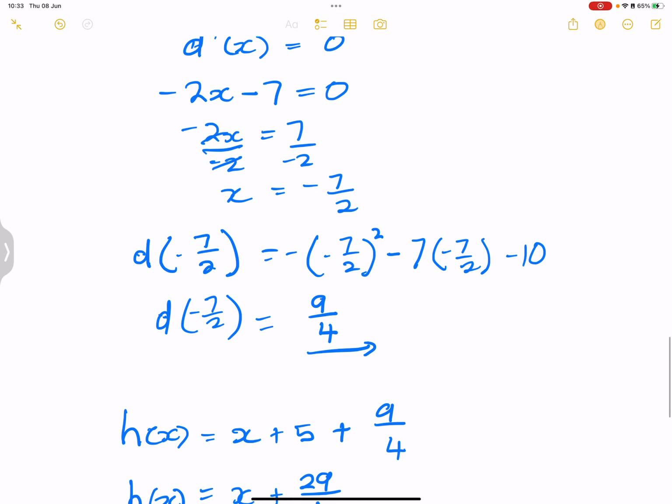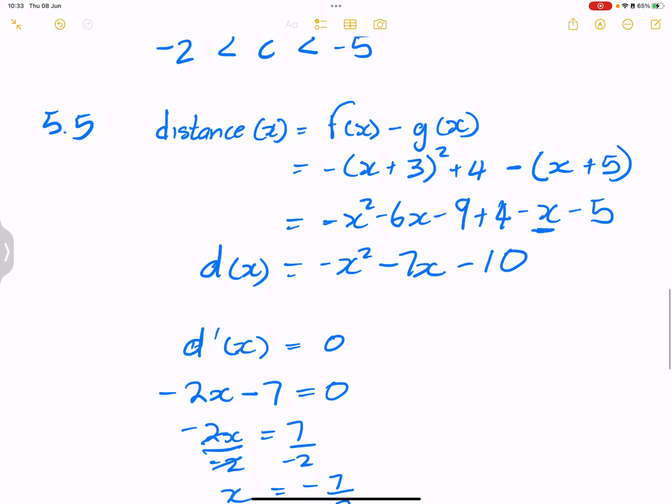Please remember how we could have also done this is just simply to say, well, minus b. To get the x value at the maximum point, we would say minus b over 2a, just like you would when you're finding the turning point. So that's minus a negative 7 divided by 2 times a negative 1.